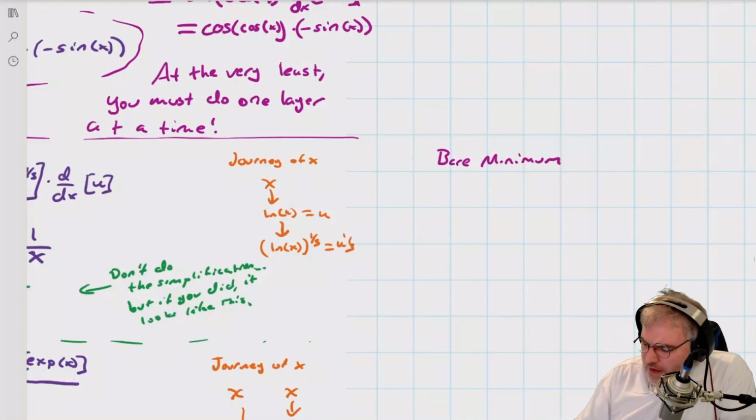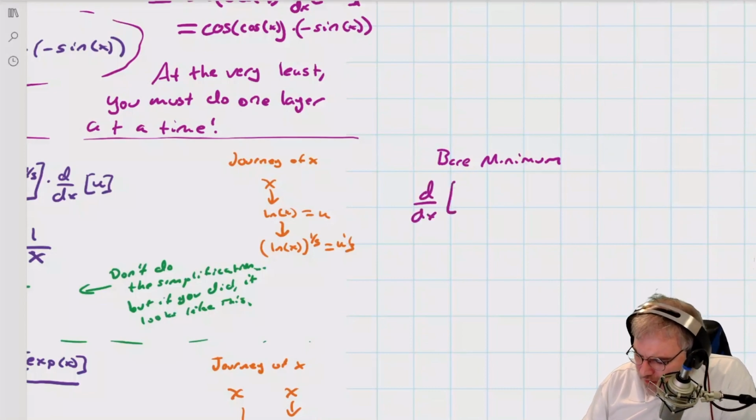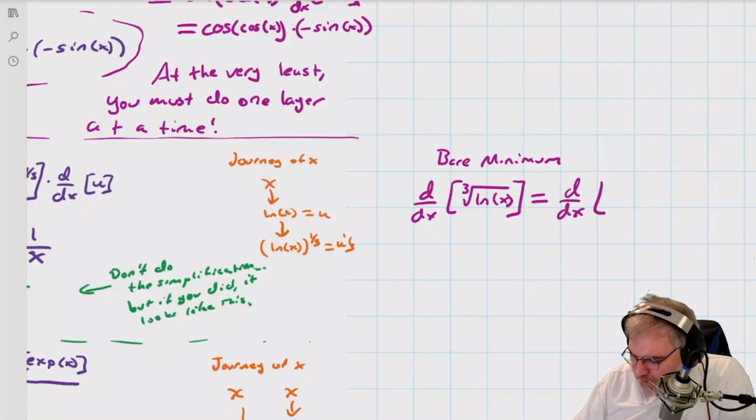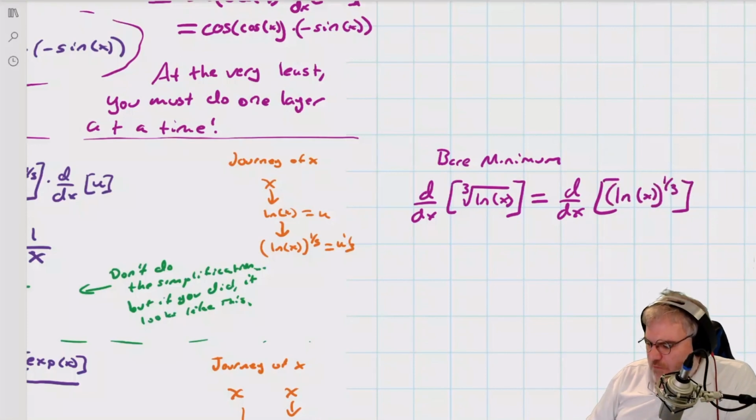I would do d over dx of the cube root of ln of x equals, okay? I'm going to do the 1/3. This is the absolute bare minimum. Do not skip this step. Ln of x, you're about to apply the power rule. The only way you know that the power rule is about to happen is that 1/3 power.